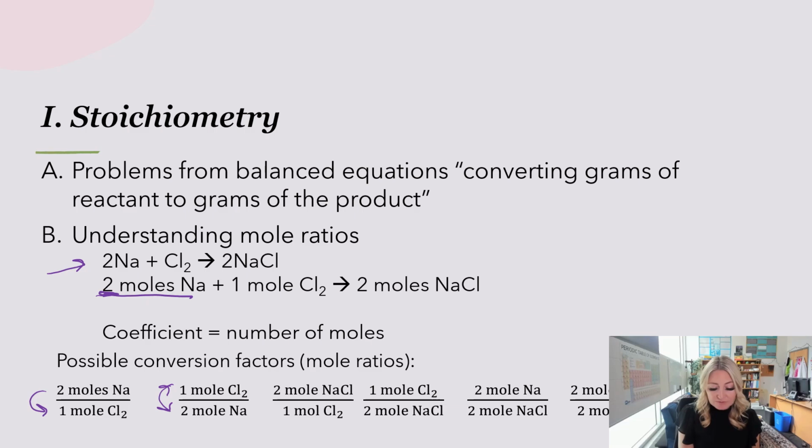I'm sorry, 2 moles of sodium chloride for every 1 mole of chlorine. And I can flip that around also. There's all these different mole ratios in a balanced equation, and we can use those if we know how much sodium we start with, and we know the ratio of how those are used to produce our product. We can predict how much product can be made.